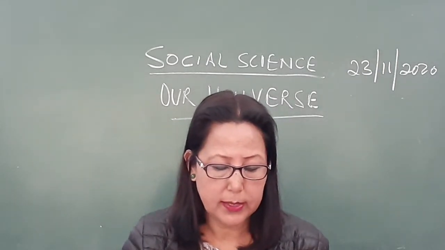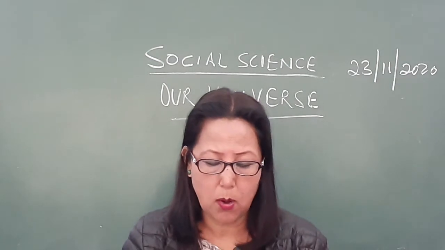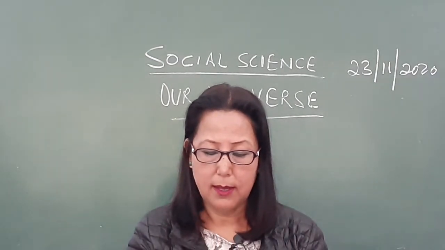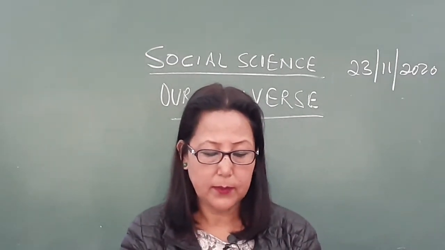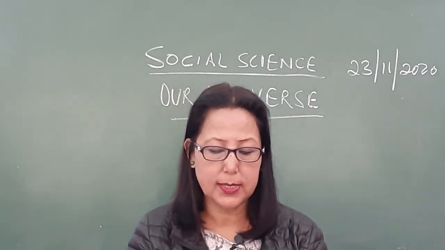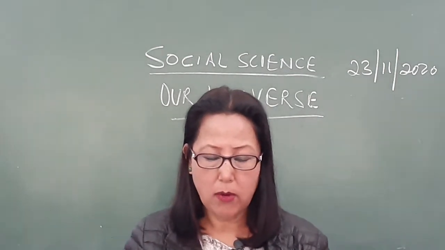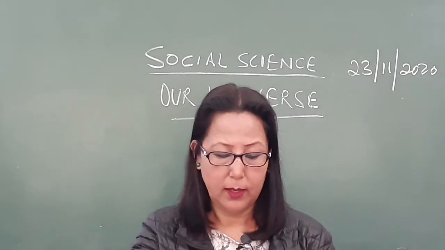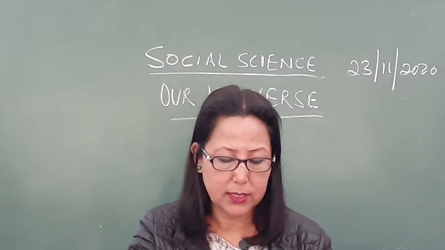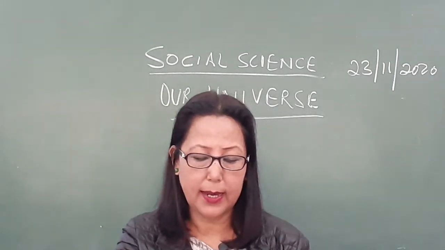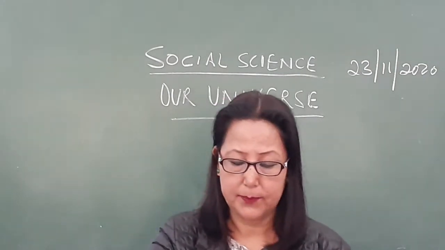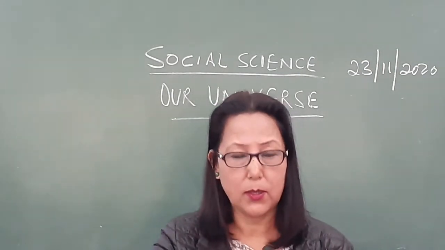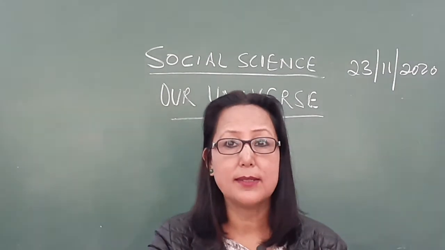It takes 225 Earth days to orbit around the sun. Venus is the hottest planet in the solar system and is orange in color. We often see it shining in the western sky after sunset. Therefore, it is also known as the evening star.